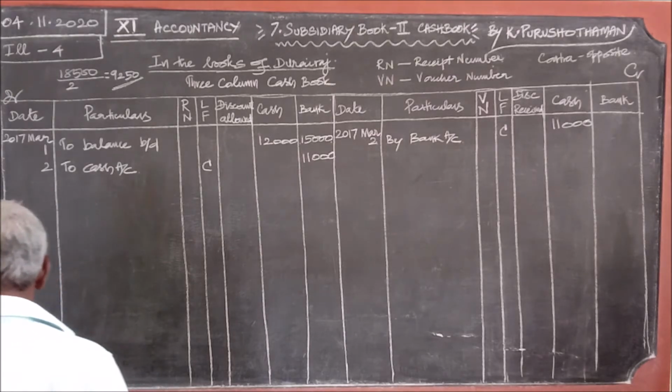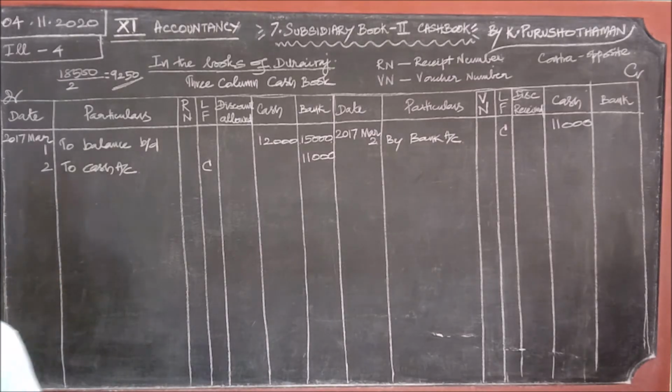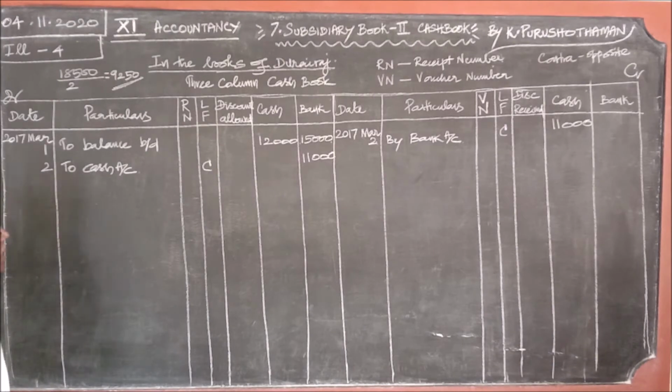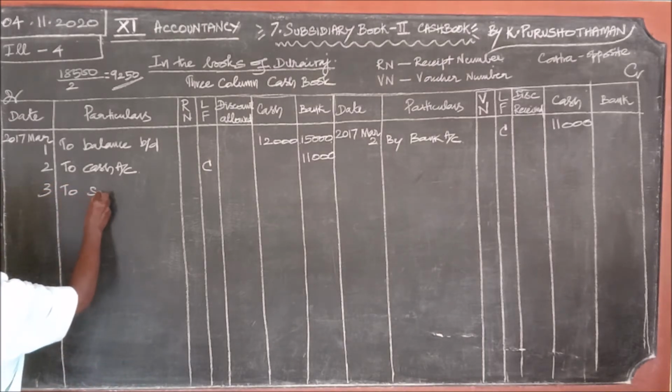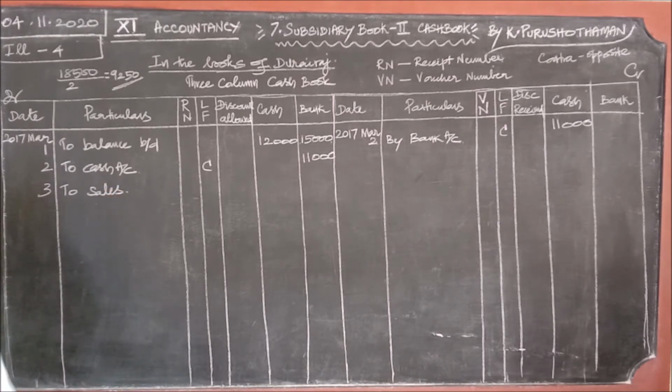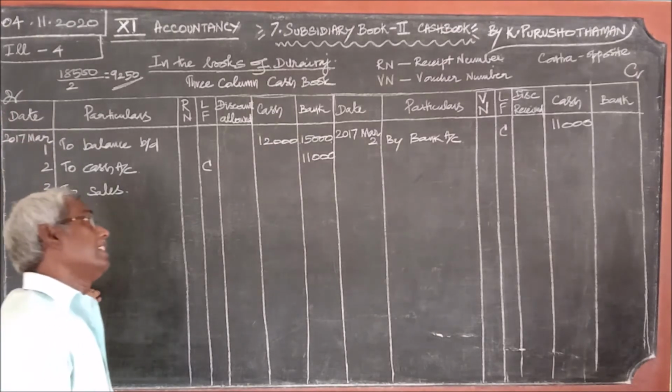So when goods are sold and you receive the amount, what you passed in single and double column cash book is this: goods sold, so to sales, because when you sell goods, cash is received. For 18,500 it was sold, but the entire amount was not received.